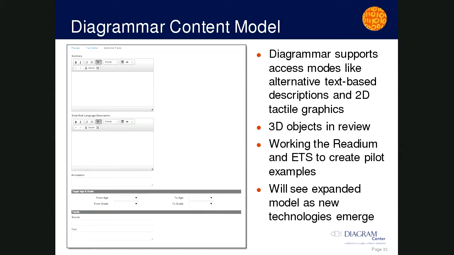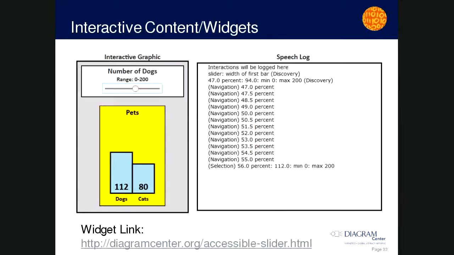And so one place we've already started to experiment with this is with different testing methods, and so you could access tactile graphics in 3D. And then other things that we're working on are interactive content widgets. If you want to see, in this particular example, this is something that the Diagram Center worked on, and there's an accessible slider that you can access.